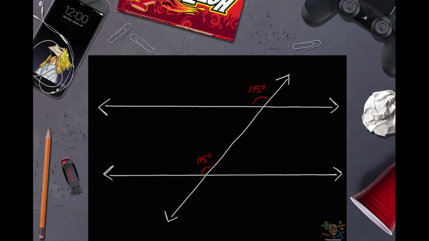So let's go ahead and look at the angle right next to it. You already know what that is, 65. Which corresponds to this in this group of angles? Well, this is in the top right hand portion in this group, so I look in the top right hand portion of this group, 65 degrees.